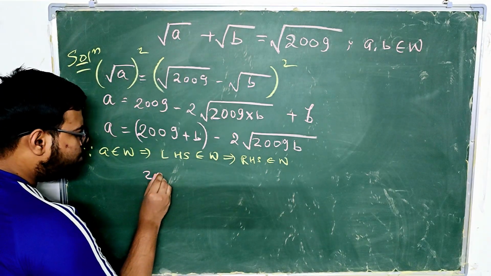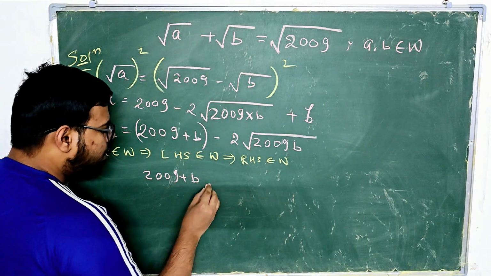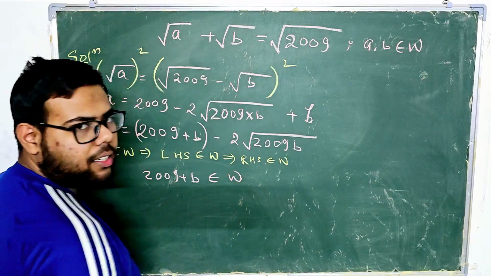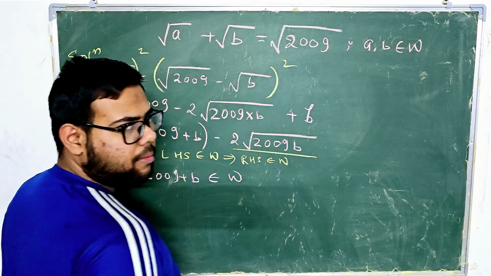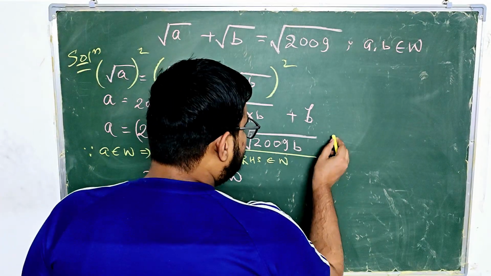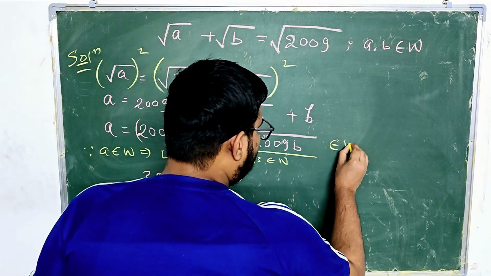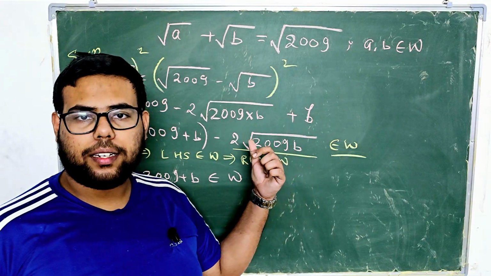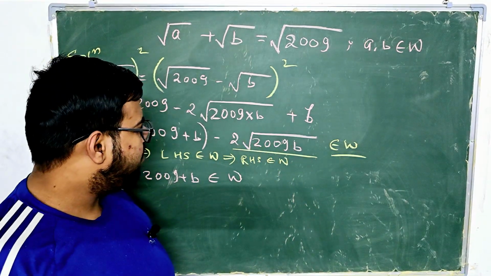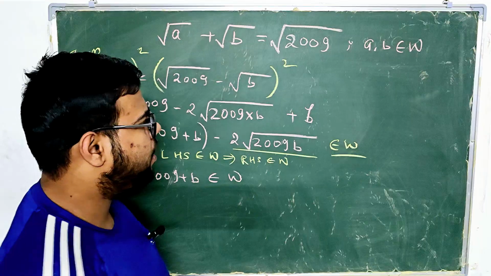So 2009 plus b belongs to whole numbers, but we have to check for this square root. This expression will only belong to whole numbers if this square root is a perfect square. Now when can it be a perfect square? Well, let's see.